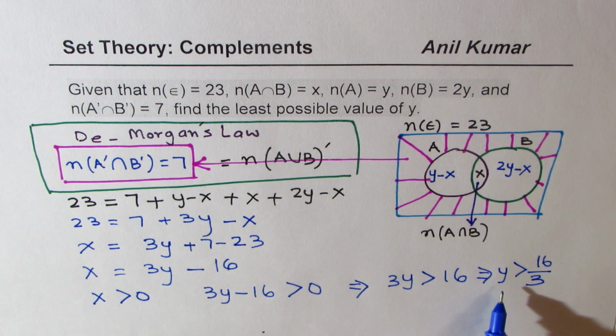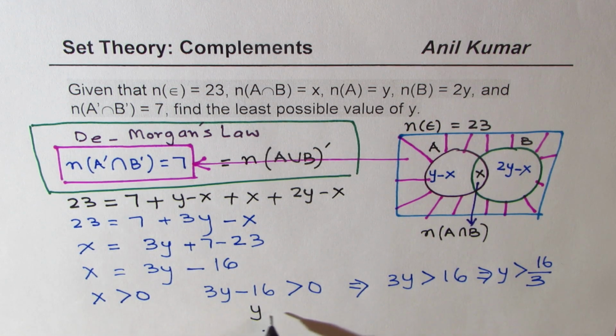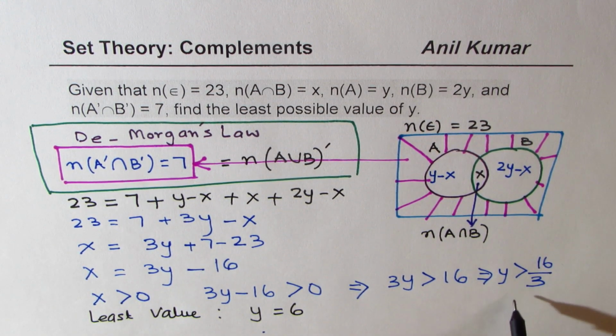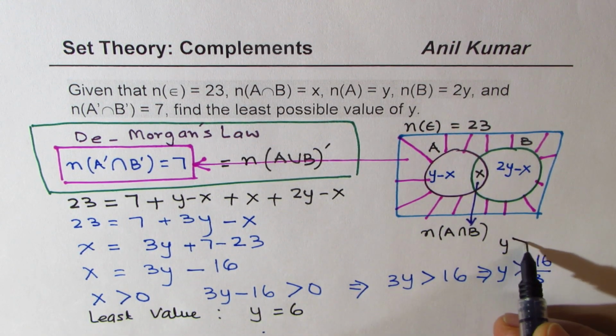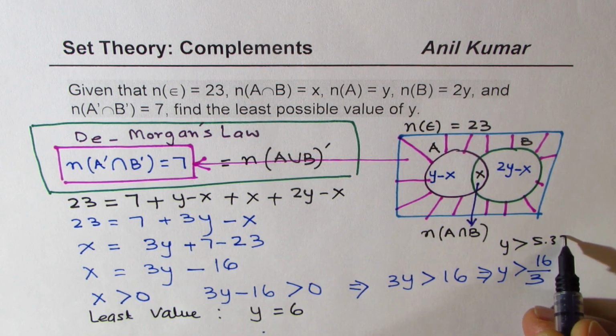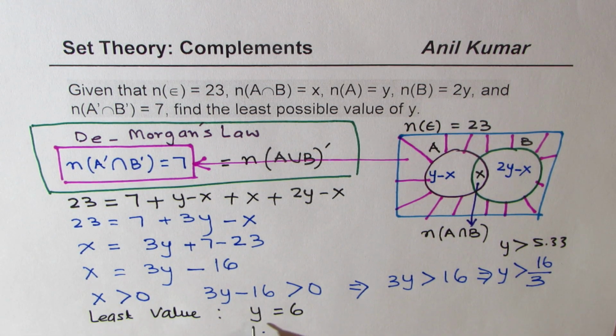And you know Y should be a whole number, correct? So that is 5 point something, correct? And that gives you the answer that Y should be equal to 6. So the least value. Right, that is to say Y is greater than 16 divided by 3, which is 5.33, something like this, so Y has to be greater than 5 point something, so Y should be equal to 6.